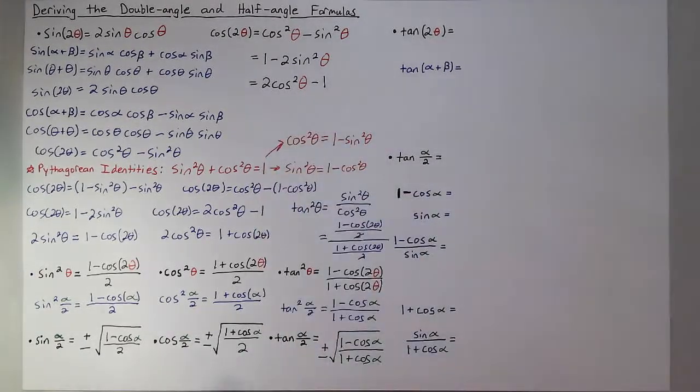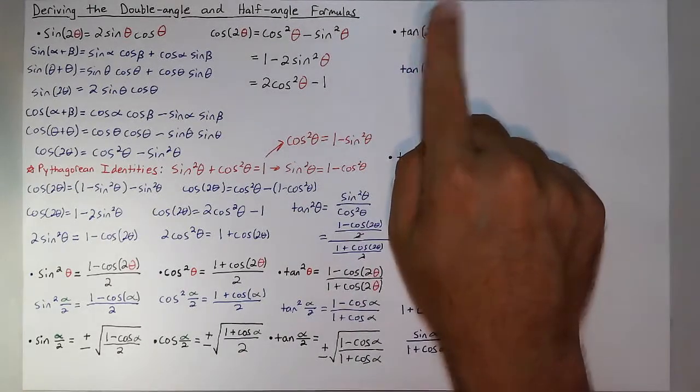So those are the double angle and half angle formulas for sine, cosine, and tangent, but I did forget to get the double angle for tangent.